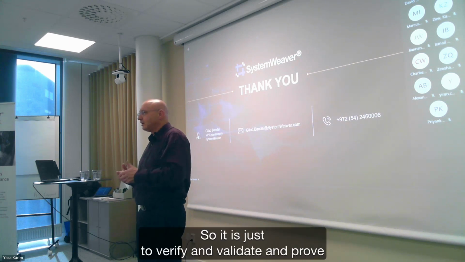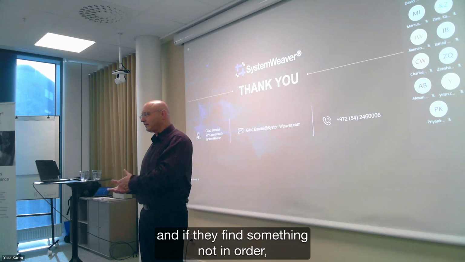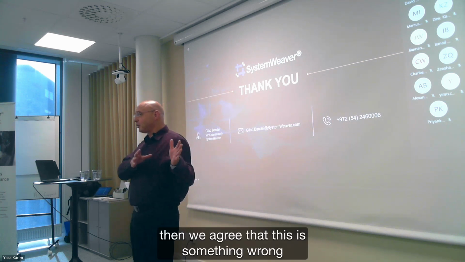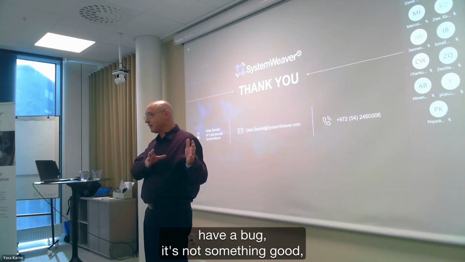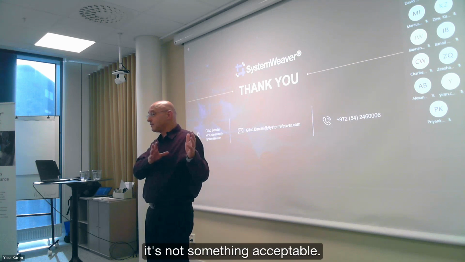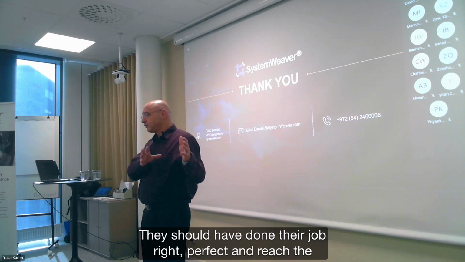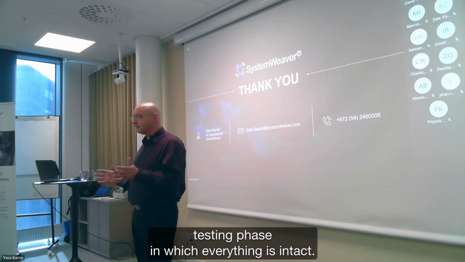So it is just to verify and validate and prove that it is according to the requirements. And if they find something not in order, then we agree that this is something wrong from the software development process. They have a bug. It's not something good. It's not something acceptable. They should have done their job right and reached the testing phase in which everything is intact.